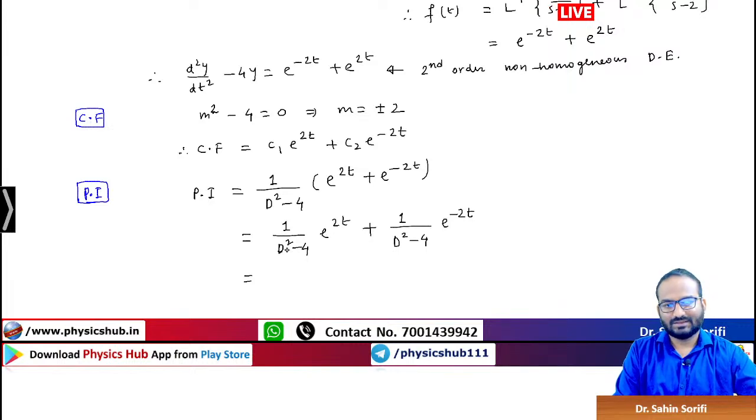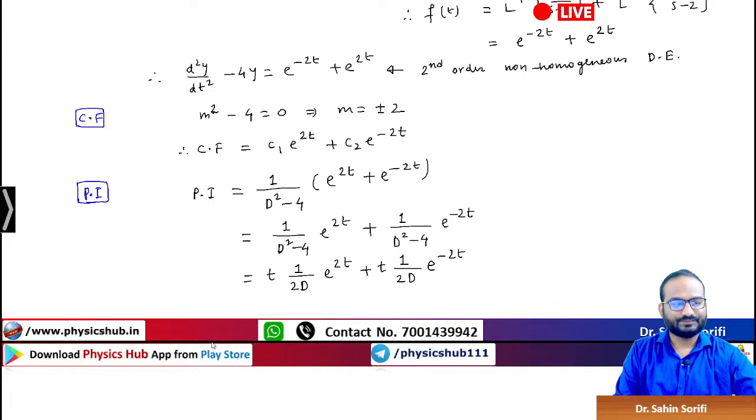If you put D equals a, this denominator is 0, so you have to multiply with t and take the derivative of the denominator with respect to D. So D square minus 4 derivative will be 2D, so 1 upon 2D e to the power 2t. Same goes here, 1 upon 2D, because if you put D equals minus 2 then also it becomes 0, so that is why t should be multiplied.